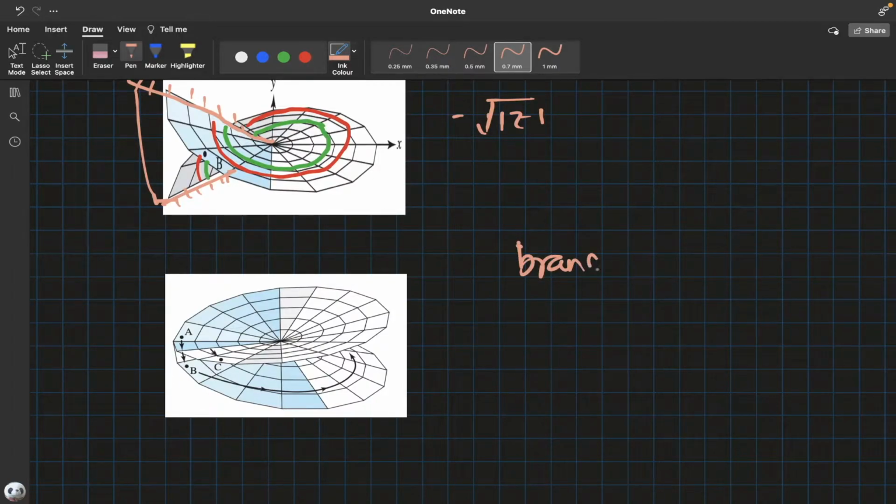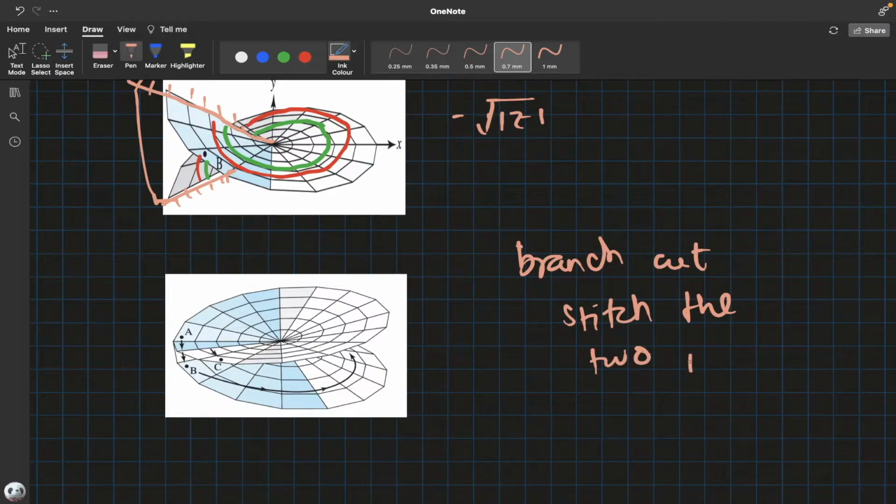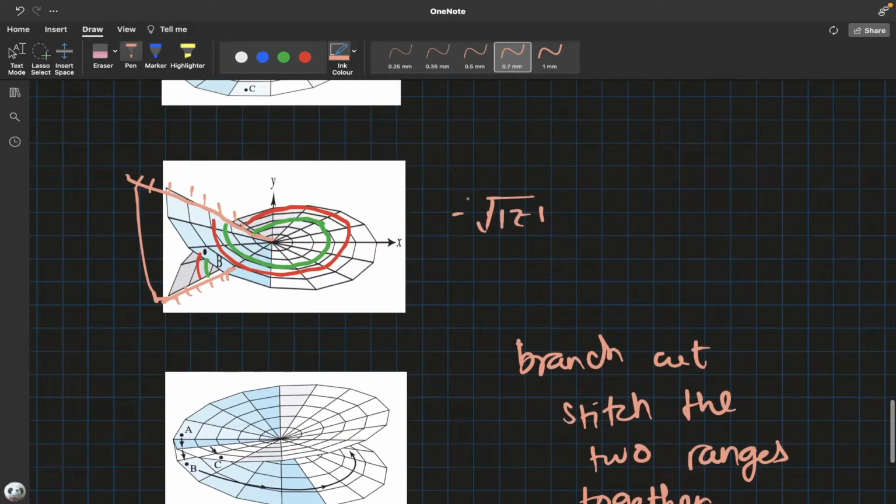So the branch cut is where we stitch the two ranges for a multivalued function together. So this is the brilliant formalism that we're going to work with all the time.